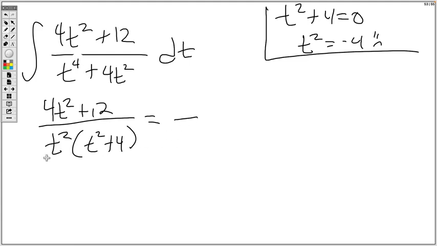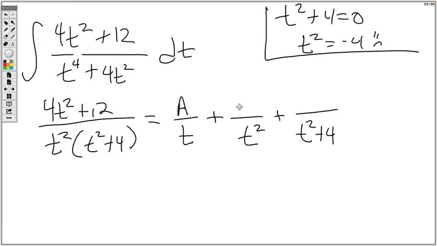We have to think of all the denominators that could contribute to this big denominator. This big denominator has a factor of t in it, has a factor of t squared in it, it has a factor of t squared plus 4. Linear factor, repeated linear factor, whoops, and this is an irreducible quadratic.